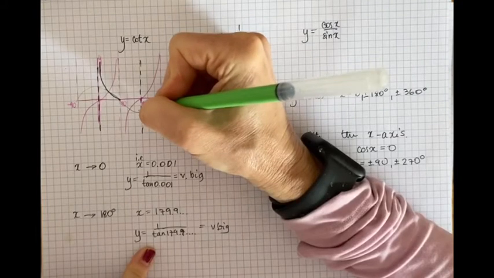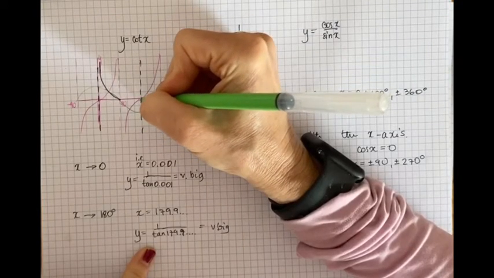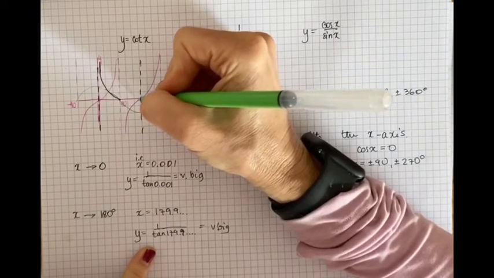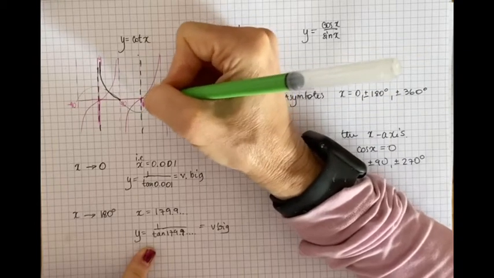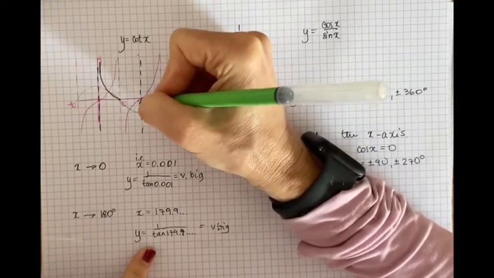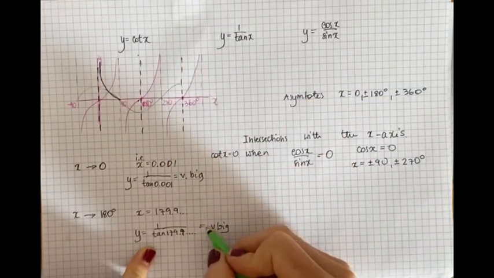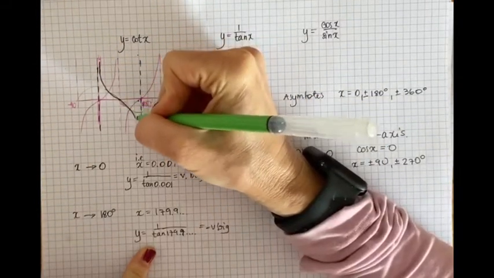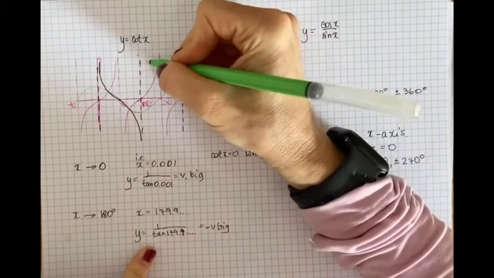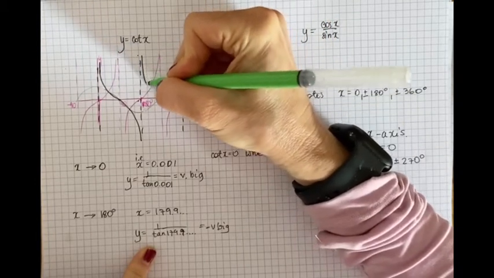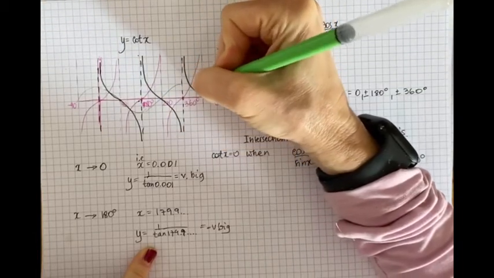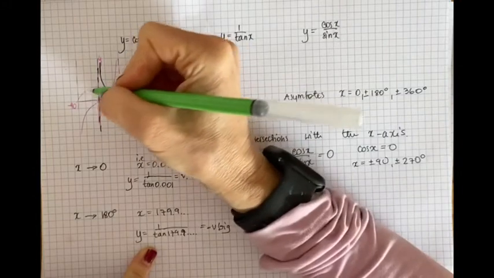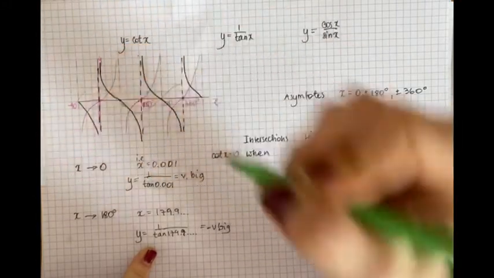If you put that into the calculator, you could see that tan is very, very tiny for those values close to 180, so cot must be very, very big. But it's going to be negative because cot is negative there. I should have put that minus. Pop it on the calculator and see. The same will happen there, and then there, and then this repeats itself every 180.